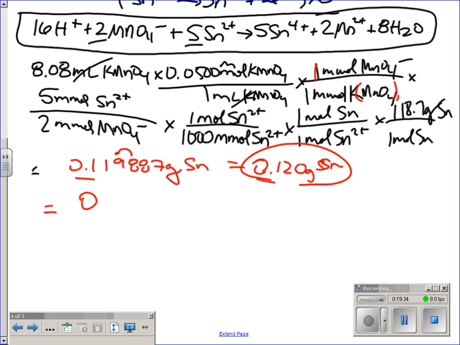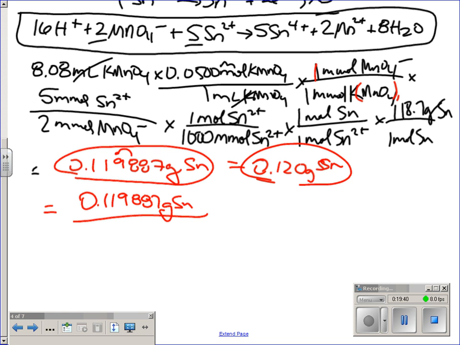Okay, I'm going to take 0.11988 grams of tin and see how much tin is in my original ore sample in terms of percent. I got 39.96. I mean, I was going to round.